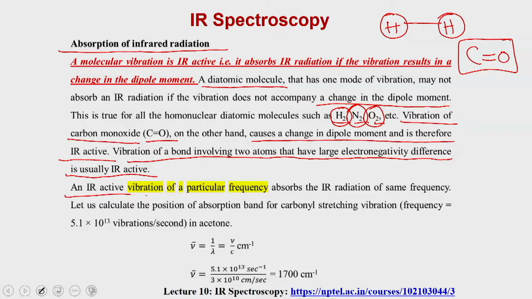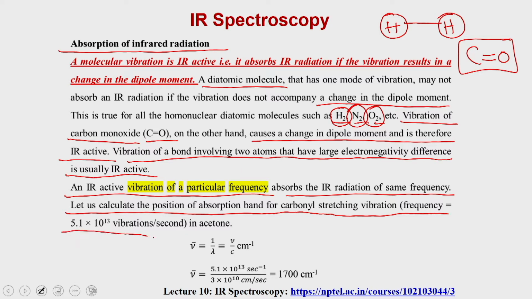So an IR active vibration of a particular frequency absorbs IR radiation of the same frequency. Let us calculate the position of the absorption band for a carbonyl stretching frequency. The carbonyl stretching frequency is 5.1 × 10^13 vibrations per second in acetone.